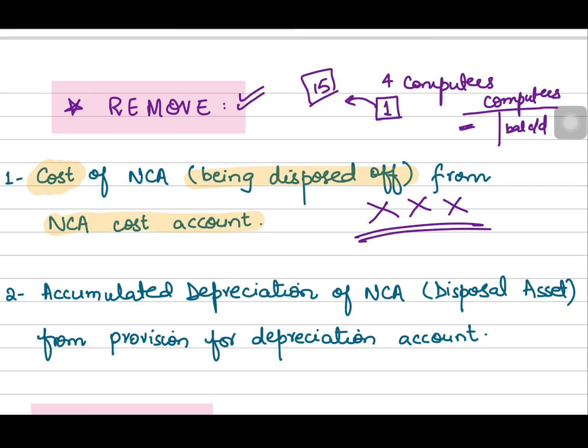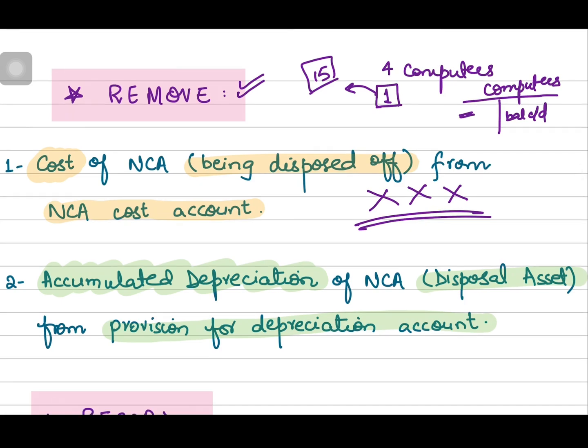Second thing, you also have to remove the accumulated depreciation of that non-current asset which is being disposed of from the provision for depreciation account. We know that the provision for depreciation account is a contra asset account. It is maintained against the non-current asset and shows a reduction in the value of the non-current asset.